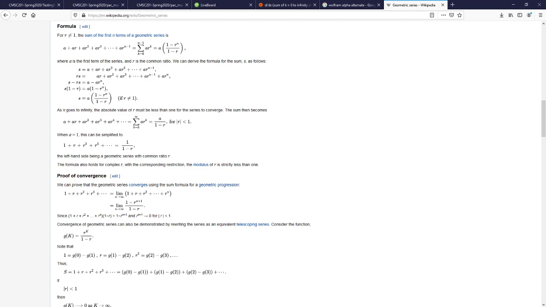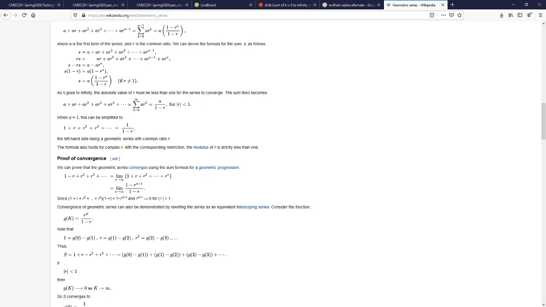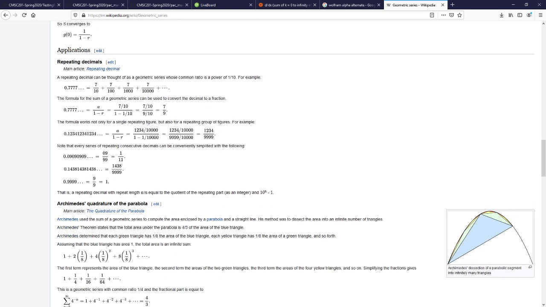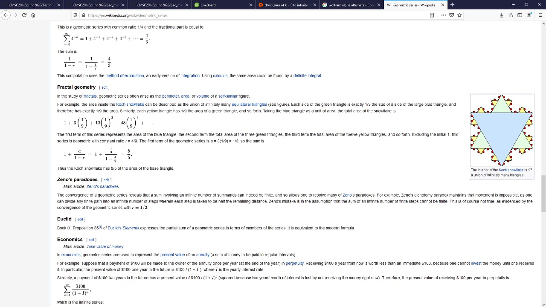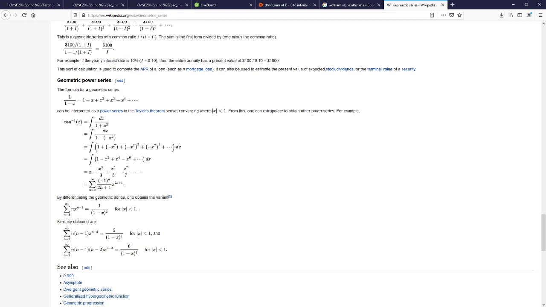So here it is. Let's see. Do they talk about the... So here it is. Yeah, so you can differentiate the geometric series. And this is where it is.